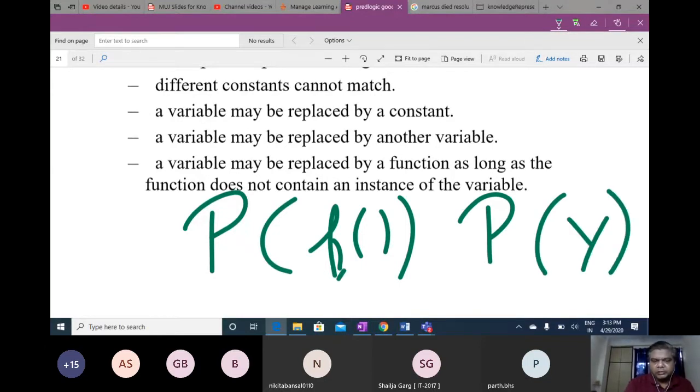When can this happen? Any idea? Anybody can tell when it is possible that there can be a function here instead of variable? Can anyone answer?